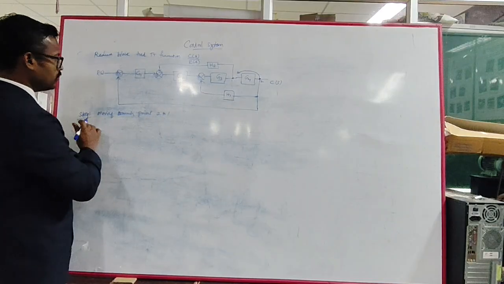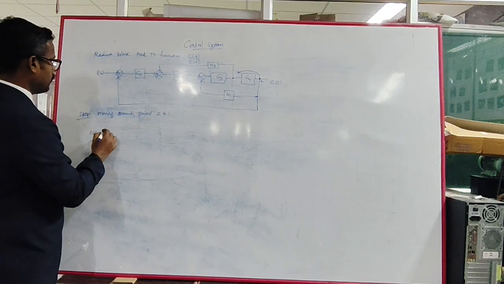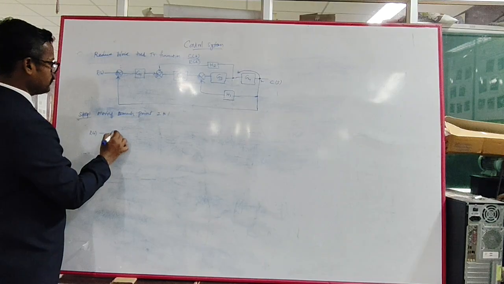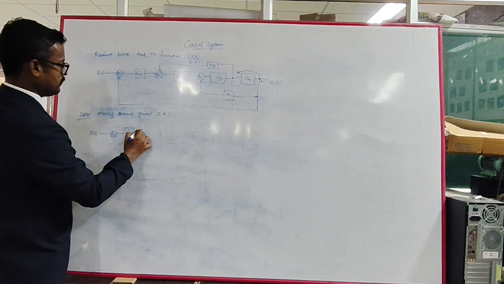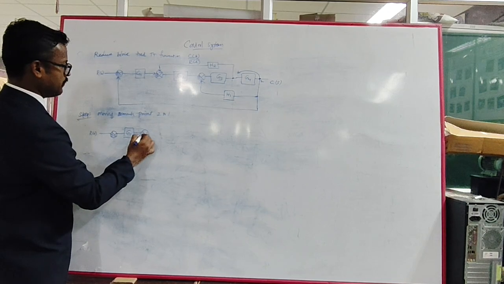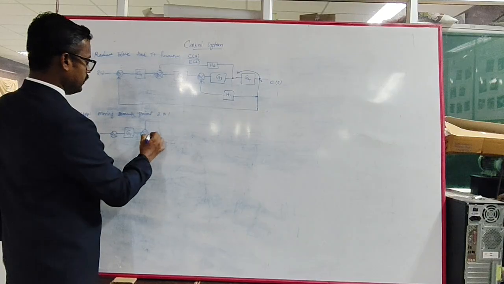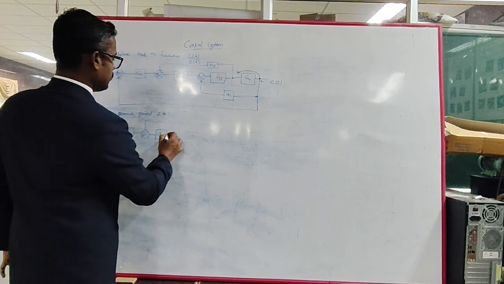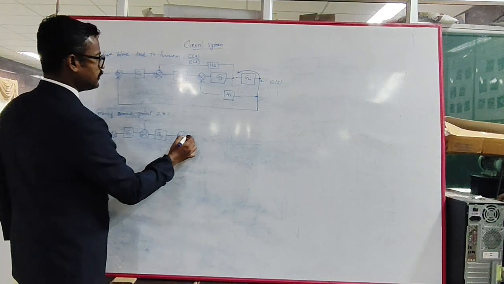So we are redrawing the same things, but for R of S we are reducing only a few things, step by step. G1 and the second summing point with the plus and minus. The remaining things are the same; only what we are reducing, that we are going to change. The remaining things we will copy. Plus and minus.